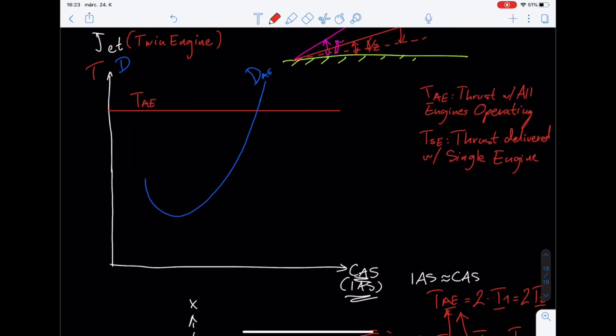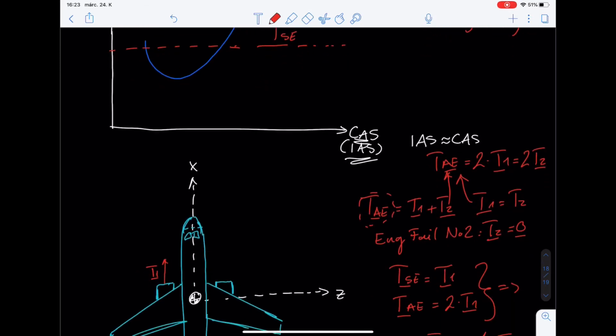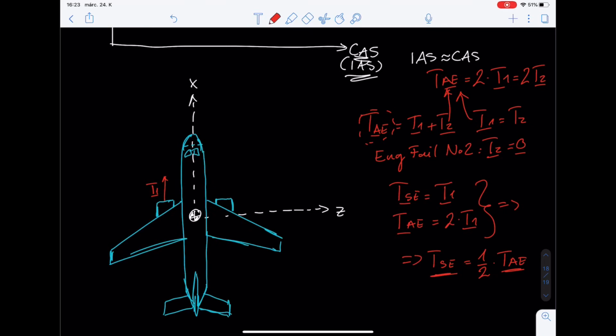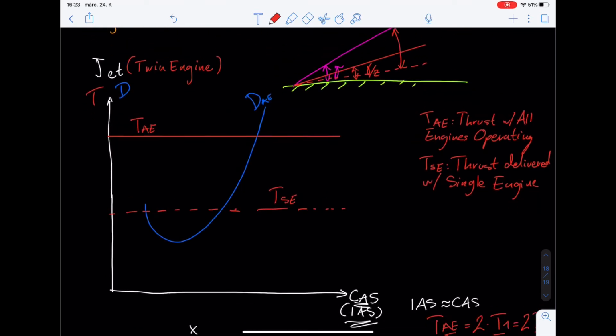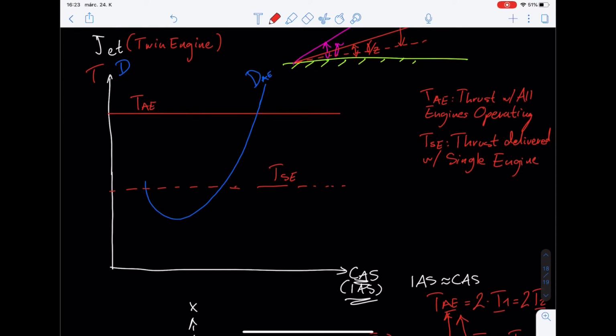So the T single engine is going to be reduced by 50% from the initial value, if this is a twin engine scenario and you have one engine fail. Okay, so you could fairly simply say that this is like the final drawing.